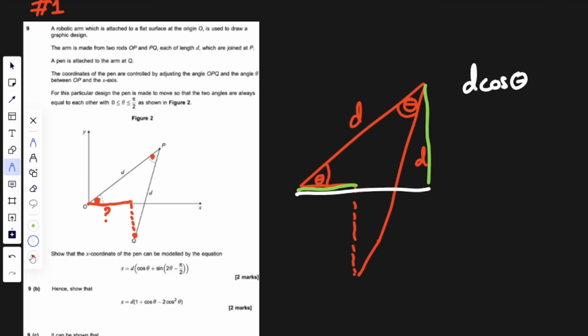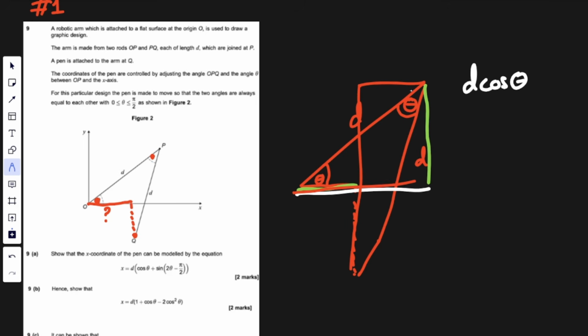Next, we have this. We want to remove this. Are there any right angle triangles that we can form with this length in? Well, actually there is. We can move it up like so, and then pulling down like this, we get ourselves a right angle triangle.